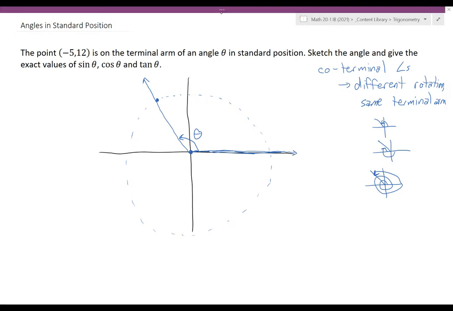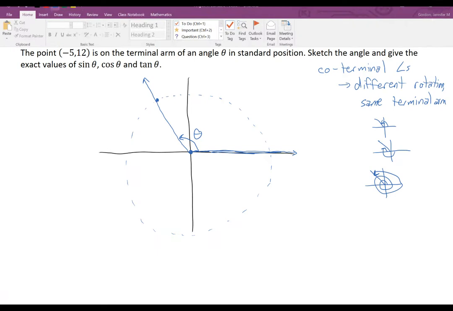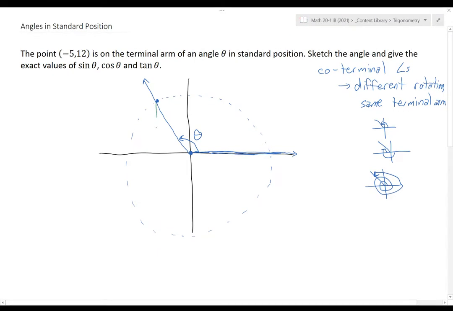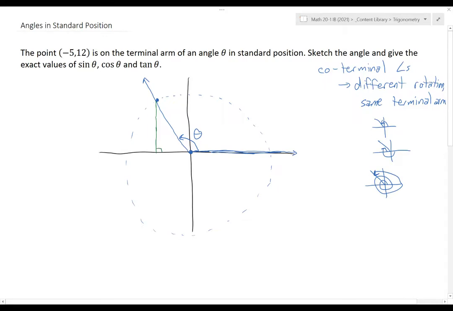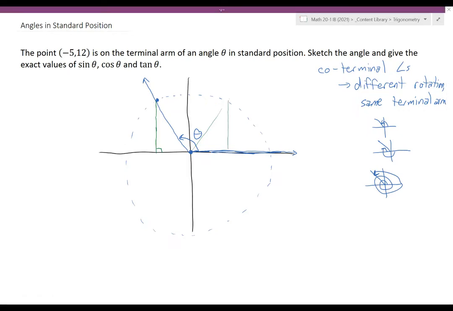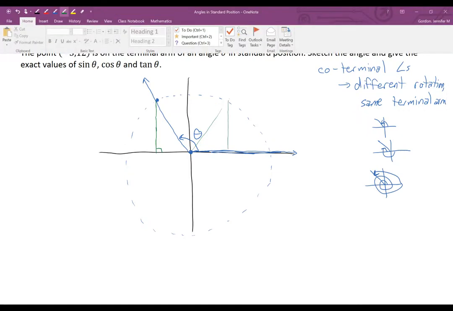In order to make some sense of sine, cosine, and tangent in an angle that isn't inside of a right triangle, we can draw a reference triangle. Our reference triangle is the right triangle we can draw between the terminal arm and the x-axis. If my angle was already acute, then the reference triangle would just be an acute triangle and theta would just be an acute angle inside of it.